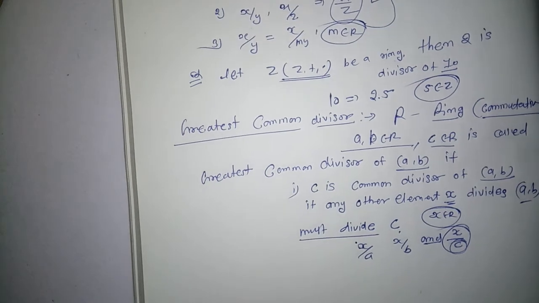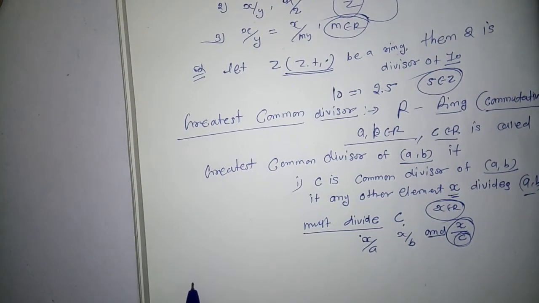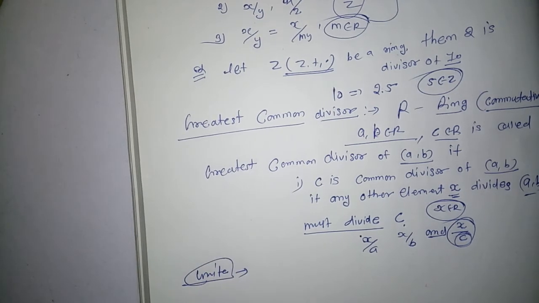Let's now see the unit. So what is a unit? The unit is the identity element for the second operation in R. Let R be a ring.